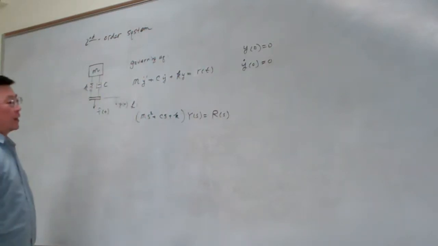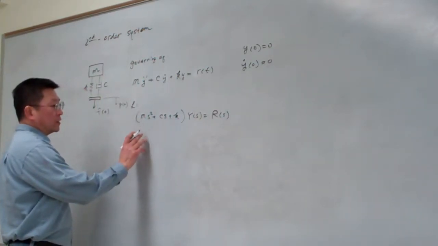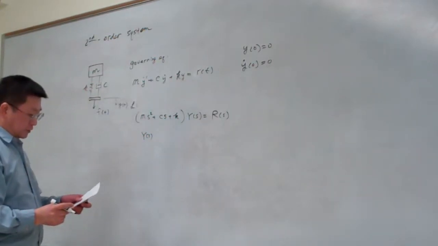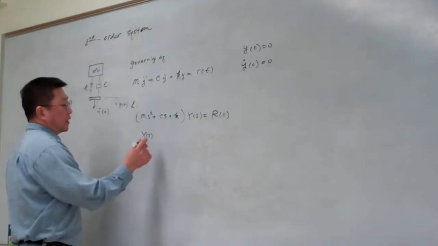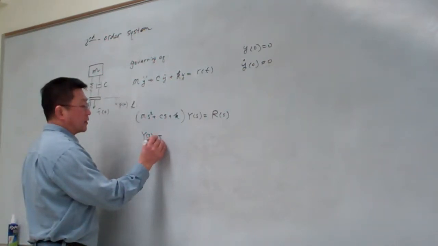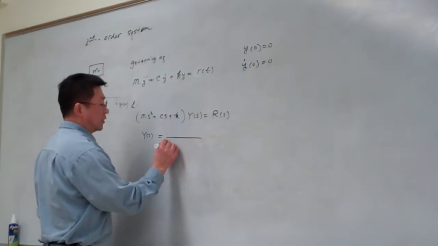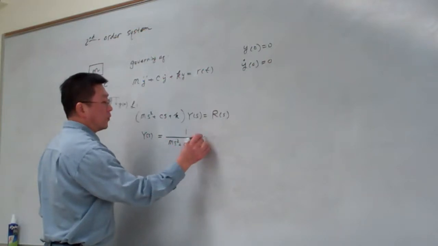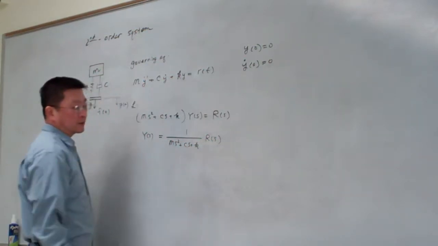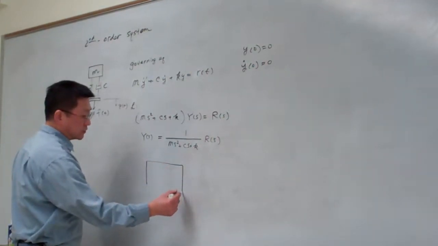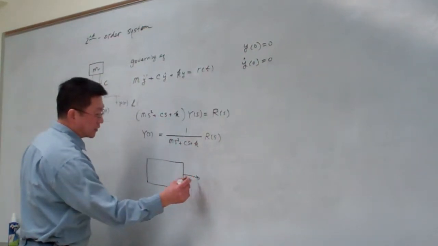So in this way, you can see the output can be described by the m s squared plus c s plus k multiplied with the input. Okay. So basically here we have the information we can describe by this.